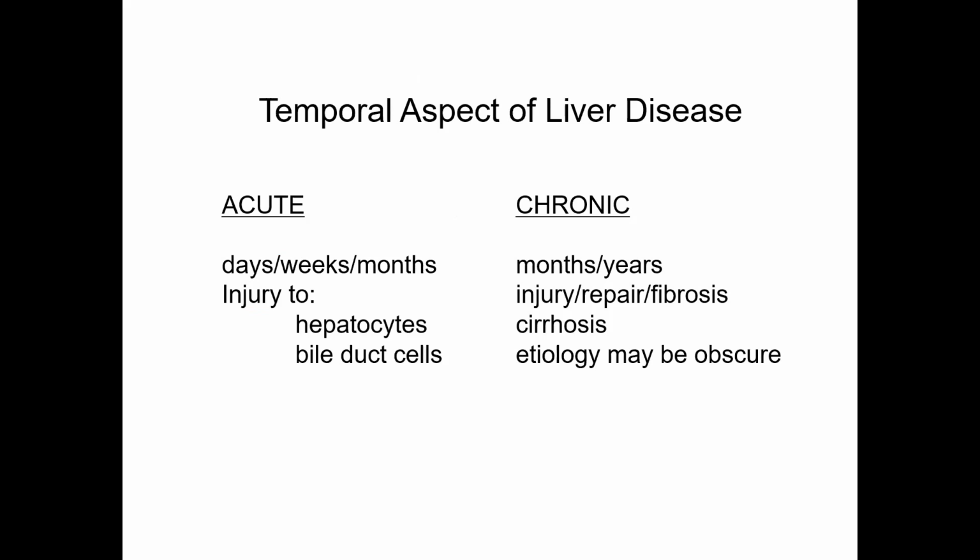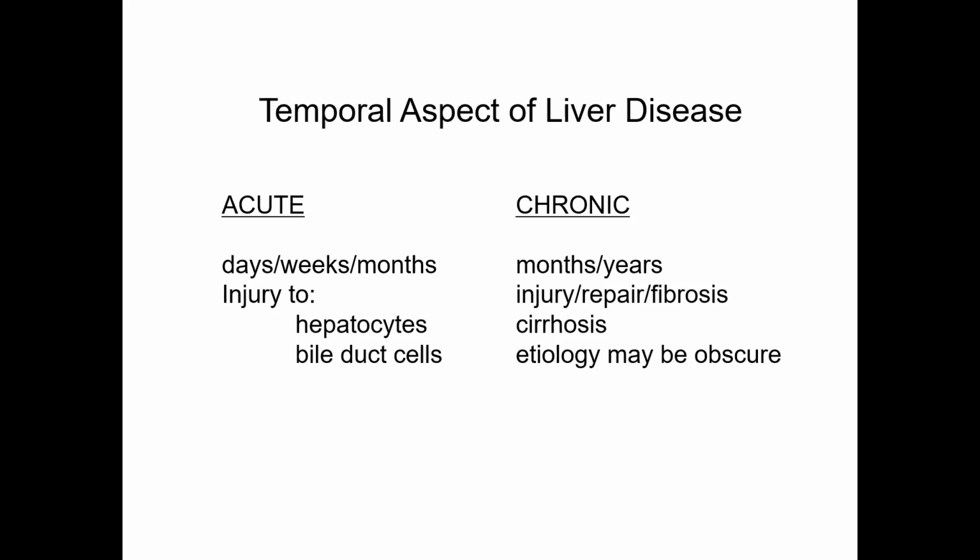Your liver disease can also be considered either as acute or chronic. So aside from being categorized as either hepatocellular or cholestatic form of liver disease, you can also categorize it as either acute or chronic. Usually acute liver disease refers to days, weeks, and months, so usually less than 6 months, with acute onset of disease involving the liver.